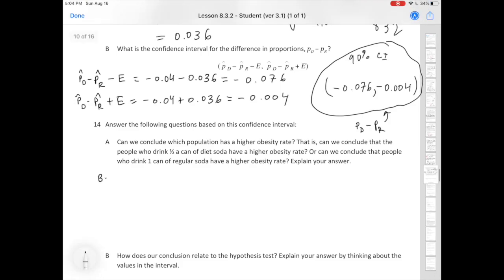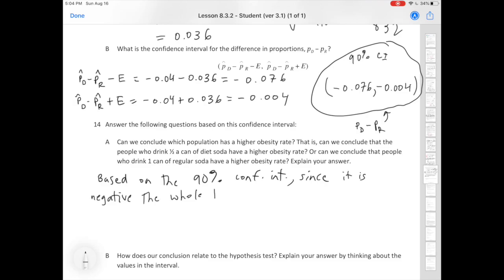So based on the 90% confidence interval, since it is negative the whole time, this means that PD minus PR is less than 0.